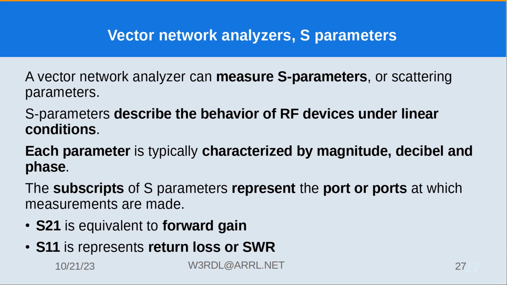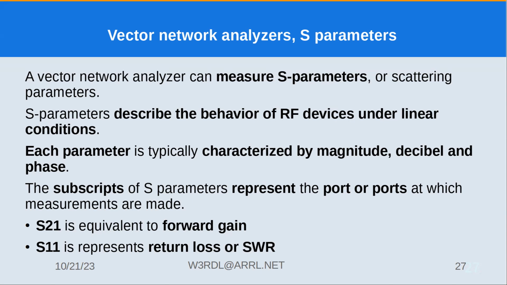In other words, what you're sending in versus what is being reflected back out. And each one of those parameters, you can display it as the magnitude or the dB value or the phase shift of it relative to the other parameters.